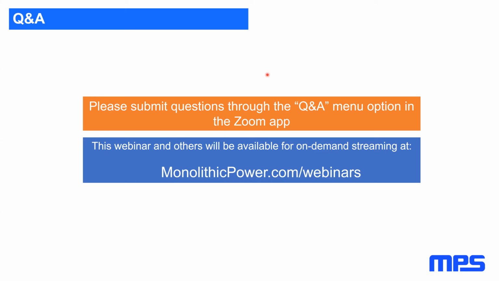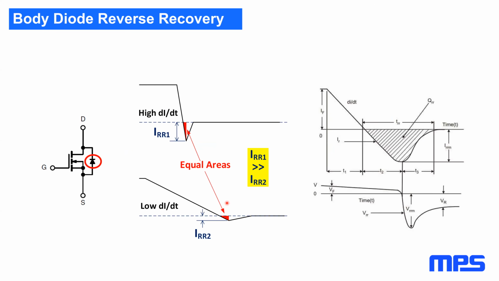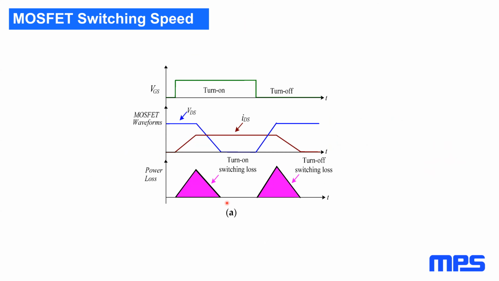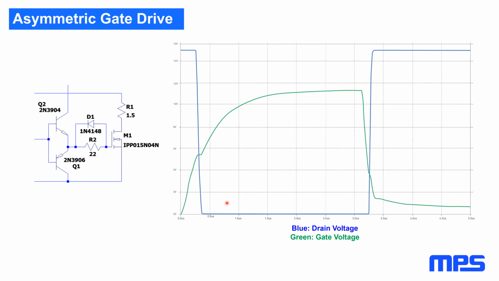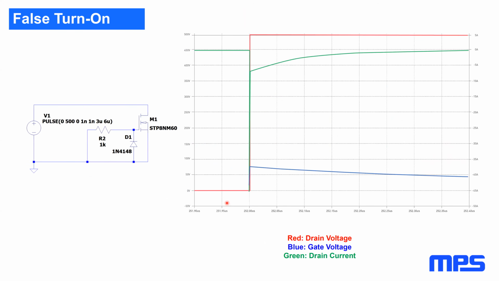Sure. Let me go back to that slide. Okay, so in this simulation, we're applying a pulse externally to the drain of a MOSFET that's turned off, okay?